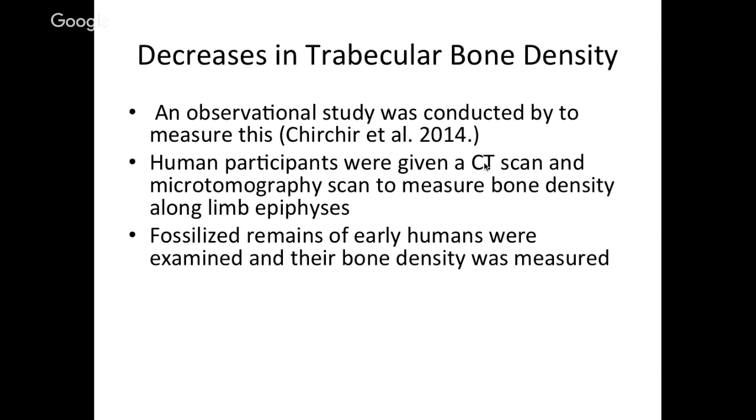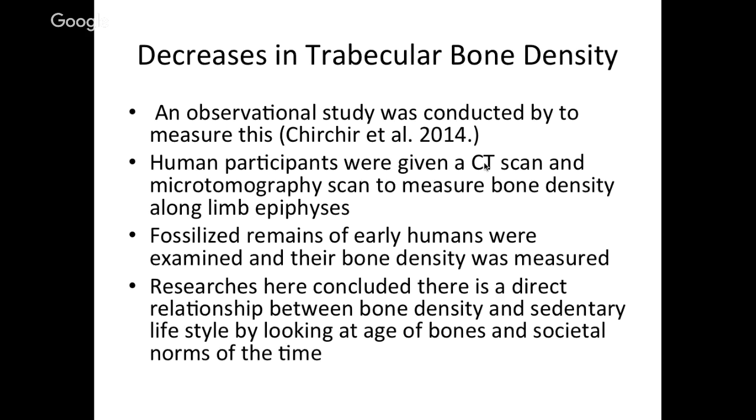Fossilized remains of early humans were examined and their bone density was measured, and then these numbers were compared. The results showed a direct relationship between bone density and sedentary lifestyle. They looked at the age of the bones and the societal norms of those times, and as society became more sedentary, bone density decreased.